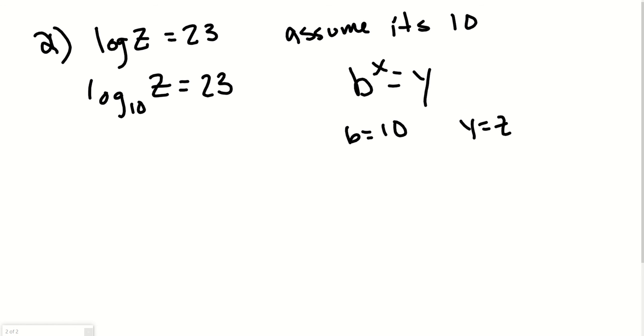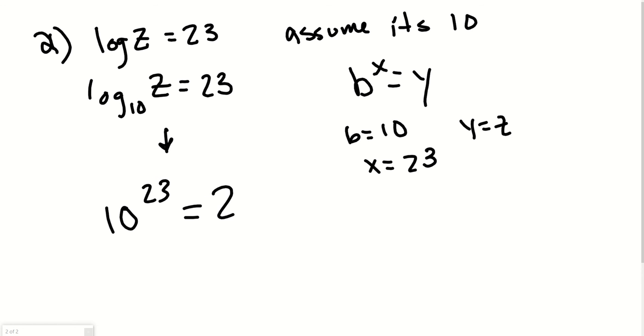And it's equal to my exponent, so the exponent x is 23. So just turning it into exponential, now you have 10 to the 23, the exponent, is equal to z. Now we're going to find what z is.